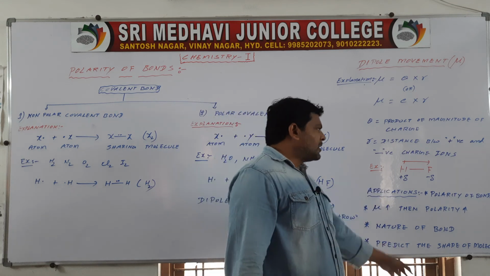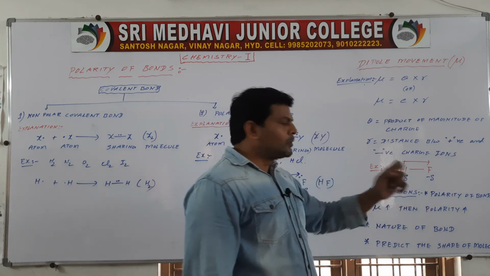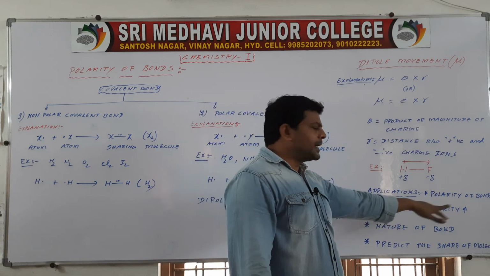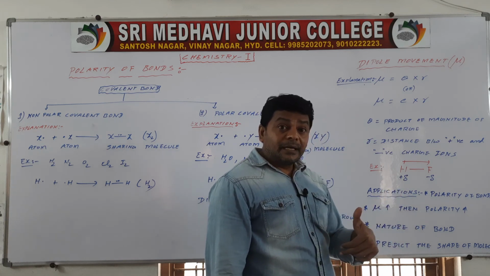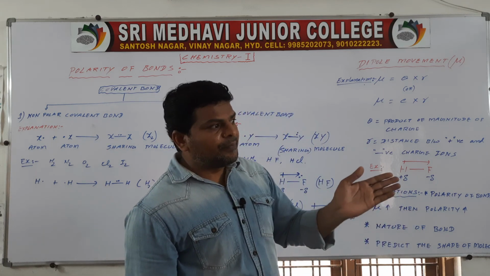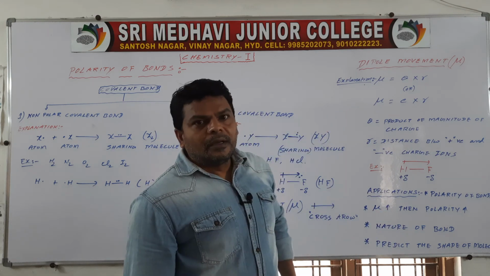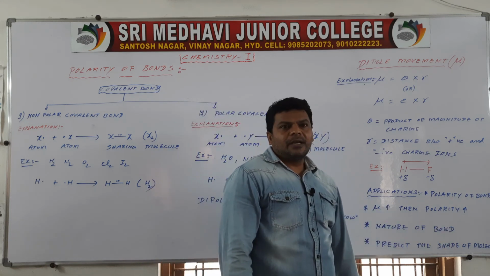So these are the applications. What is the first application? It is useful for knowing the polarity of bonds. Then mu increases, polarity also increases. Nature of bond means whether it is ionic nature or covalent nature, we may know by knowing dipole moment. Next, predict the shape of the molecules.